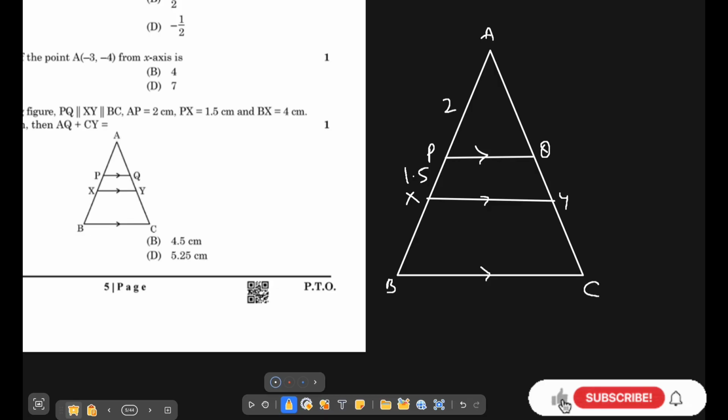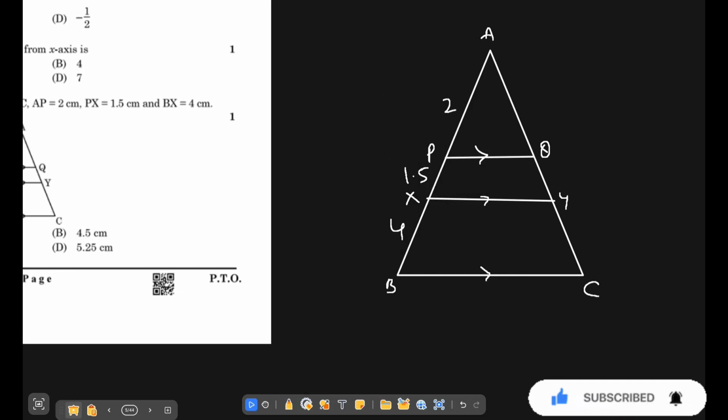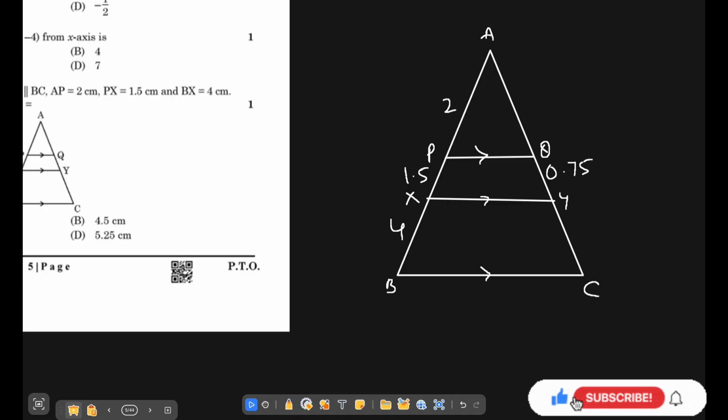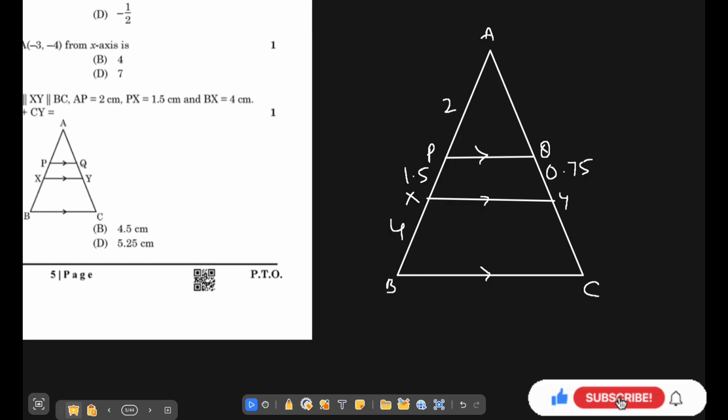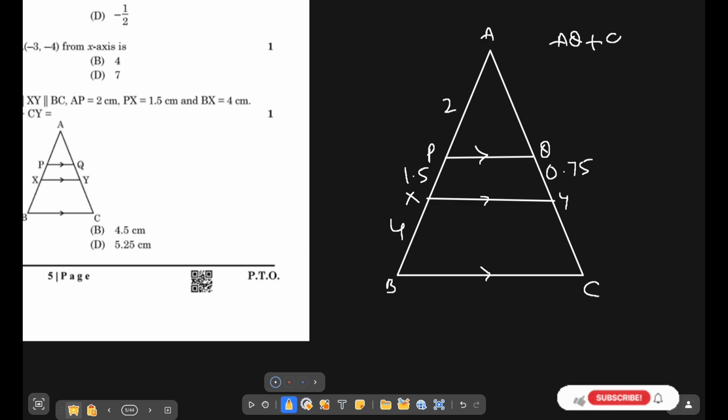Next BX is 4, right? Very good. Next, QY is 0.75 centimeters. So what we have to find? AQ plus CY. This one you have to find.